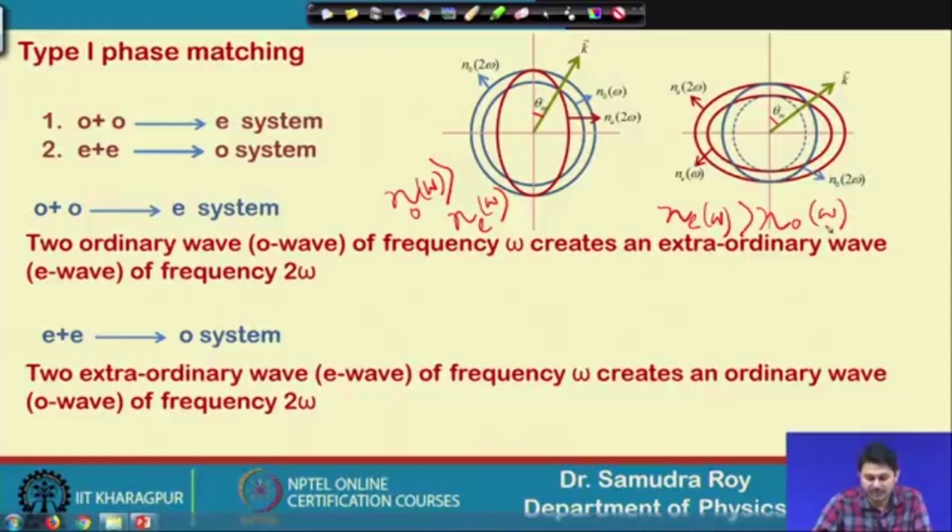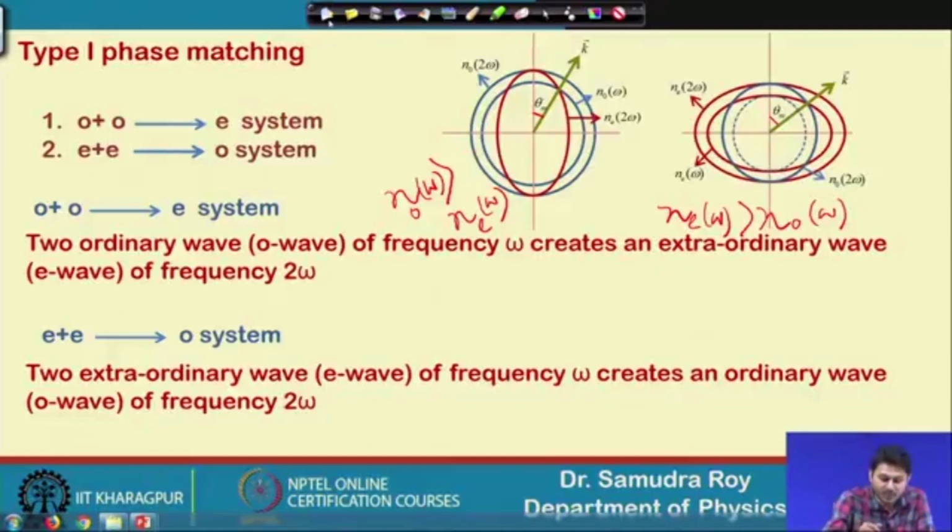So, in type 1 phase matching we are using either a negative crystal or a positive crystal, where we have two ordinary waves generating one extraordinary wave or two extraordinary waves generating one ordinary wave.